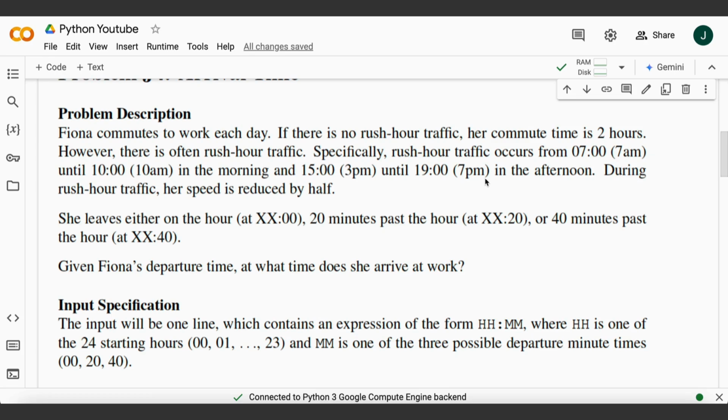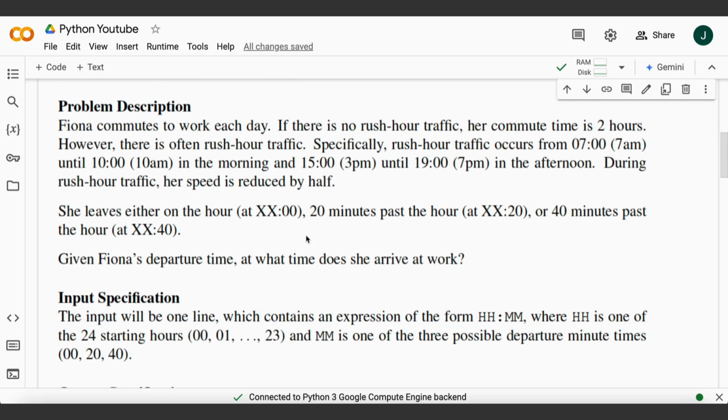With part of the trip in rush hour and part in non-rush hour, it could start with rush hour traffic and end with no rush hour traffic, or it could start with no rush hour traffic and fall into rush hour traffic. So there are 4 scenarios that we need to consider.